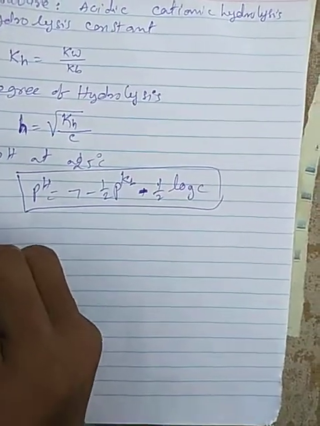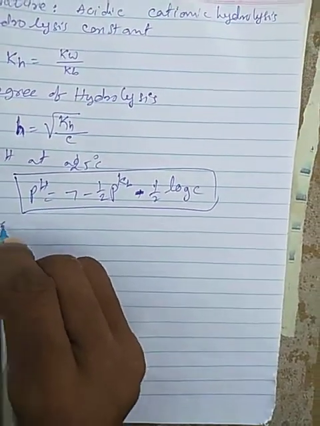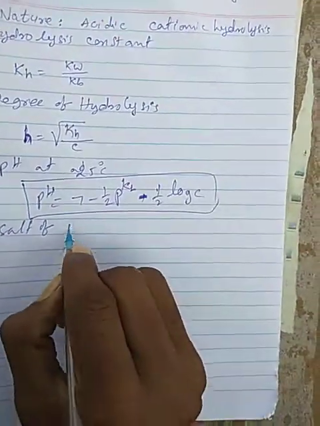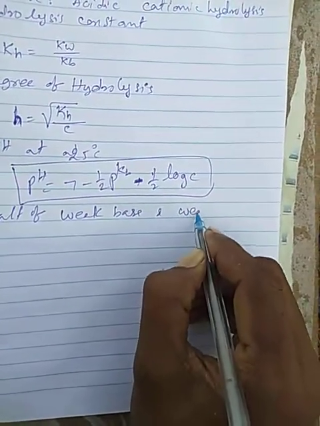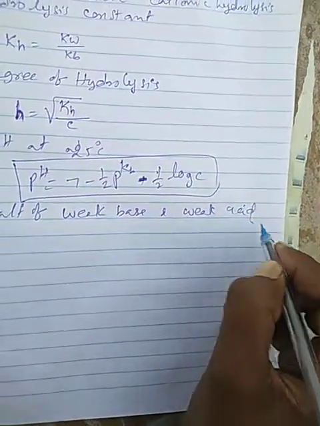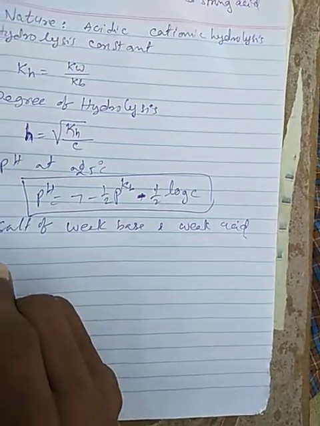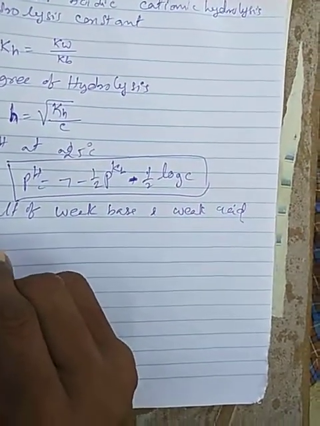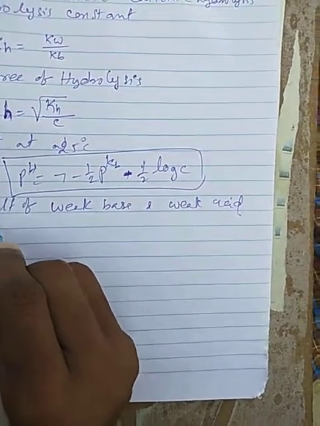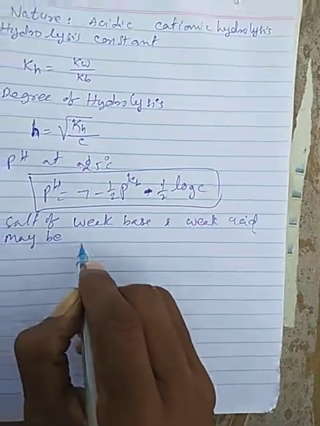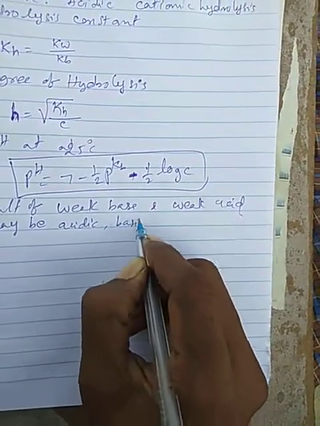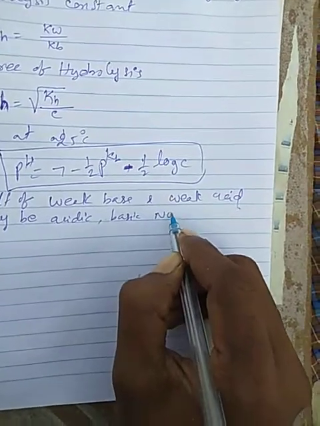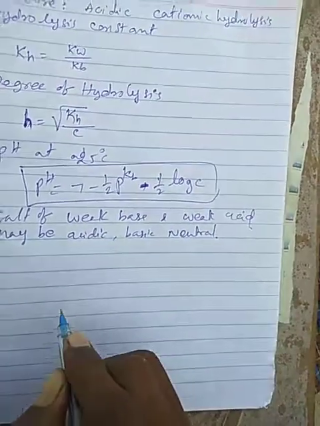And the last, fourth one, we can write as the salt of weak base and weak acid. Now the nature of the solution may be acidic or basic or neutral.